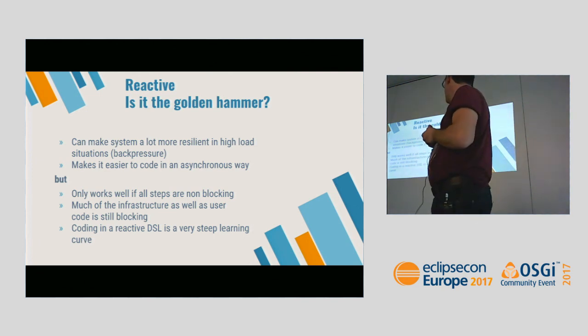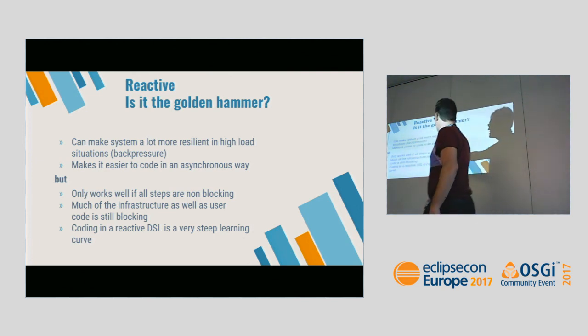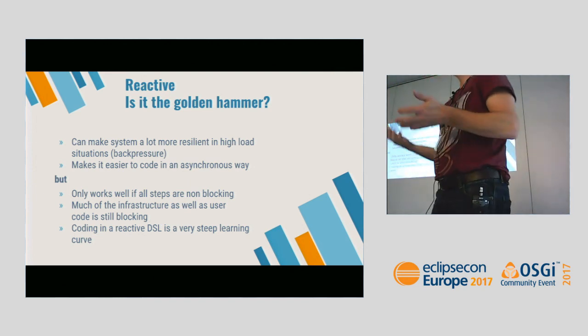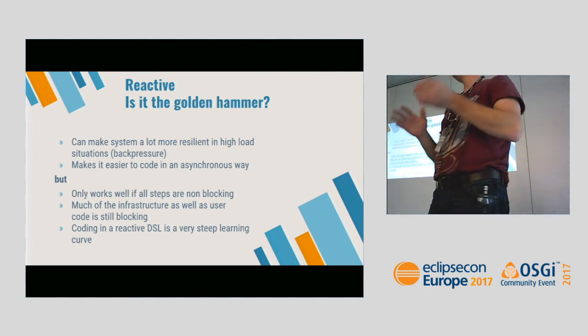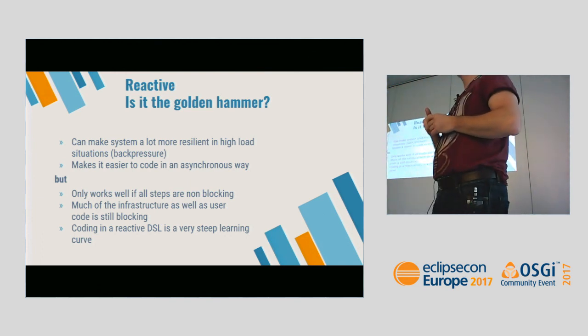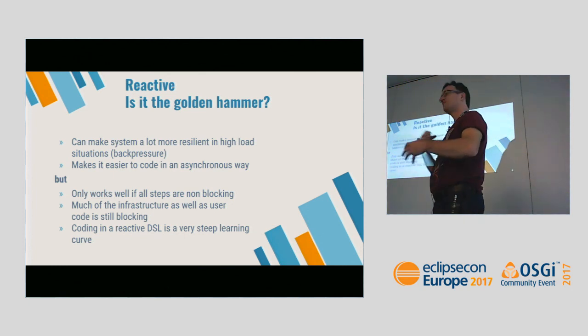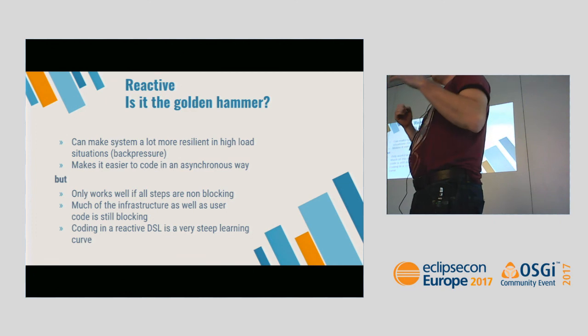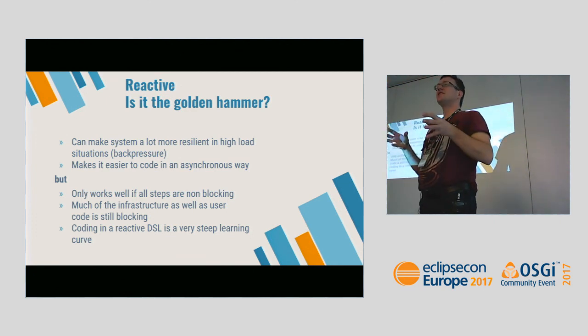And the other thing is that even your user code, if you have existing code, is typically blocking at the moment, and going the way to non-blocking, to reactive, is not as easy as it looks when you look at some simple examples. I tried to create some more complex examples, and I didn't get too far with it.